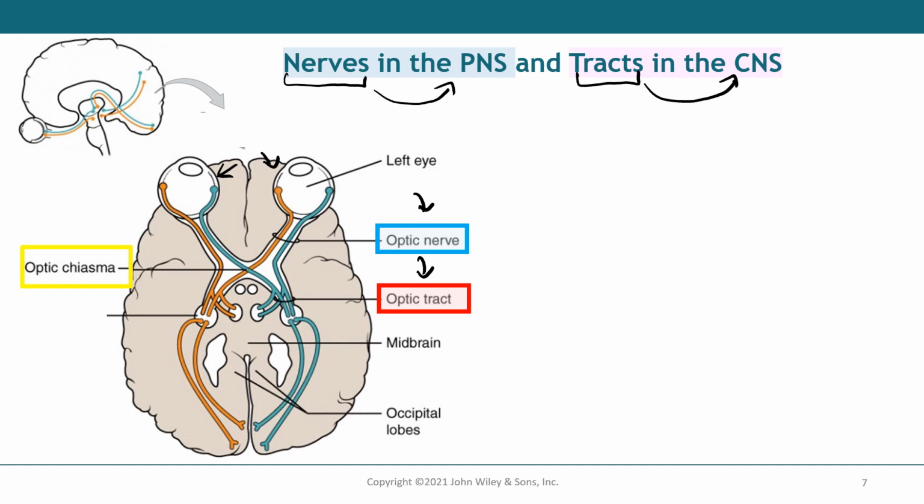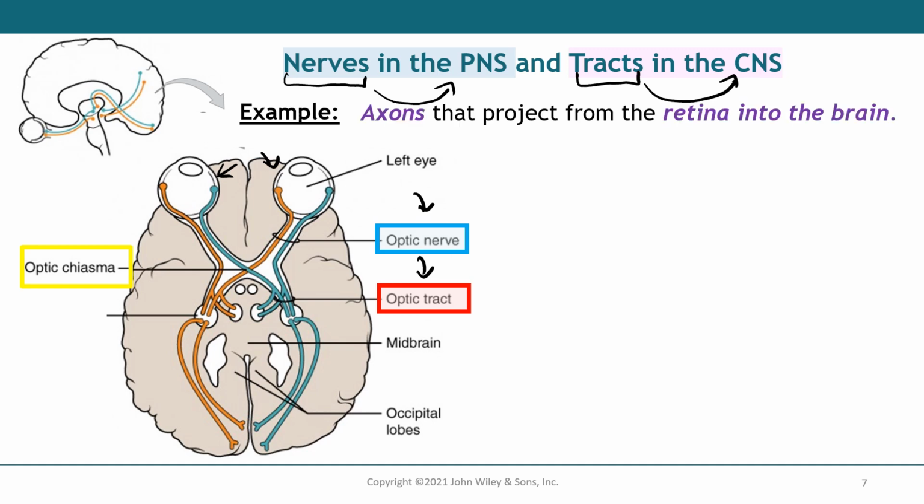In both cases, you have axons that project from the retina into the brain. However, the ones that are leaving the eye are called optic nerves and they belong to the peripheral nervous system. The ones that go inside the cranium are called optic tracts and they belong to the central nervous system.